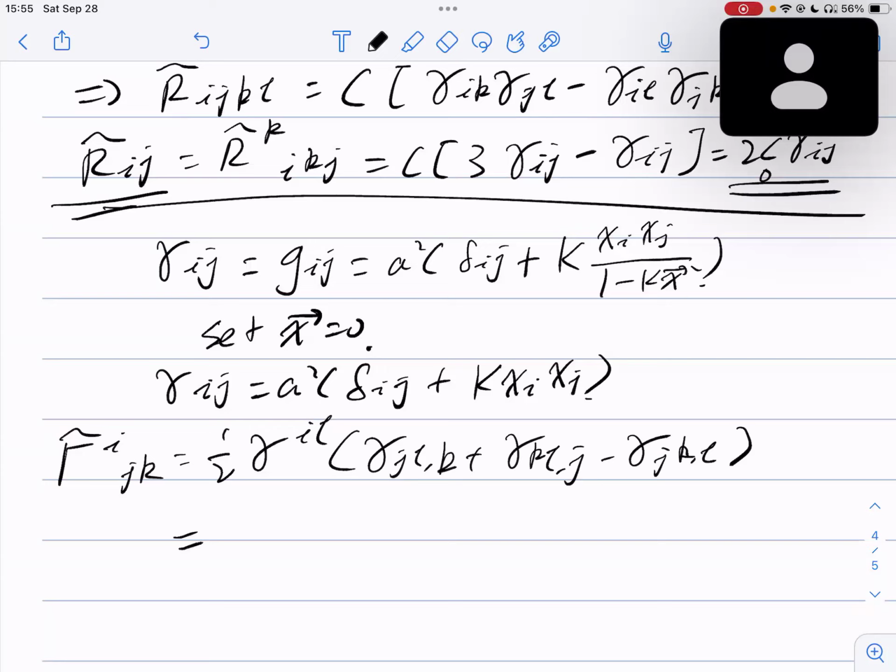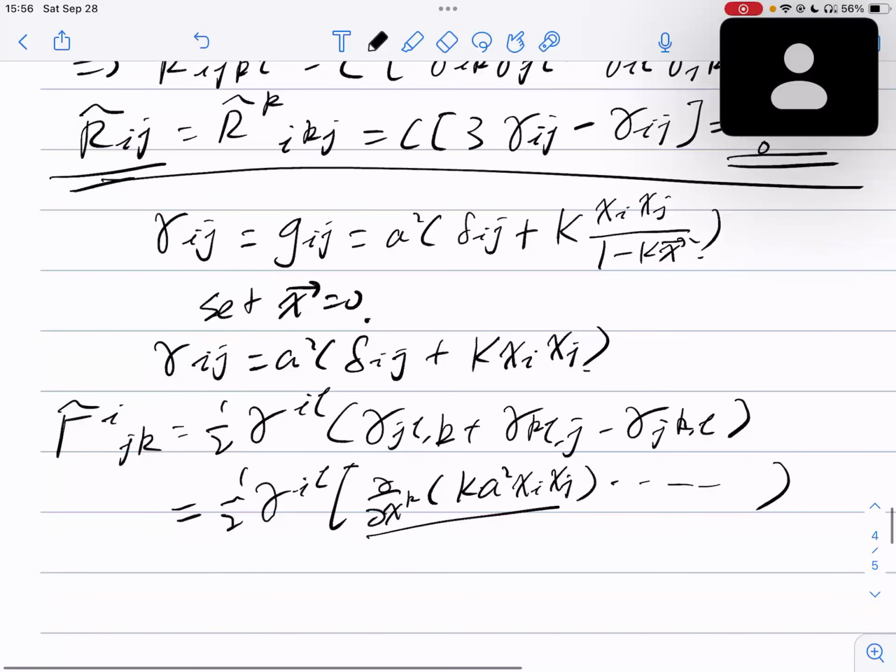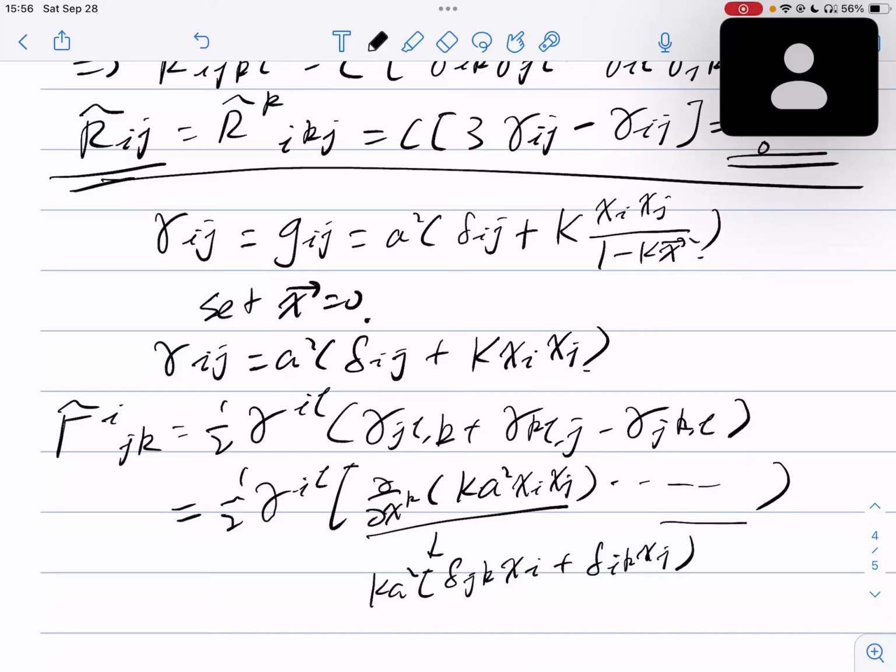Just substitute this expression of gamma and calculate gamma IL. This is partial xk of k times a square xi xj, and so on. And we know that this is just k a square times delta jk xi plus delta ik xj, and the latter terms are the same.